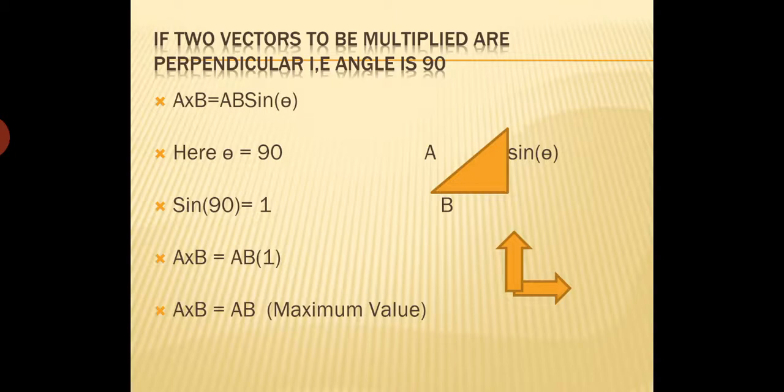A cross B is equal to AB. If we compare it with the scalar or dot product, there we have observed that when we put theta is equal to 90 degree, the dot product output was minimum value, but here it is maximum value because there the 90 degree we put in the cos theta, and here the 90 degree angle we put in sin theta.